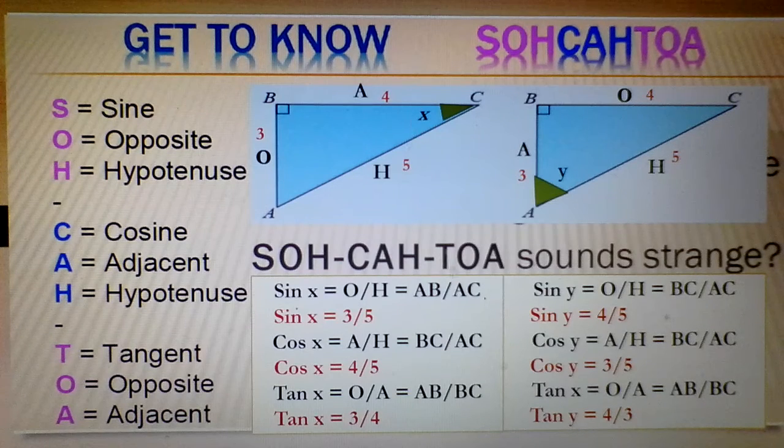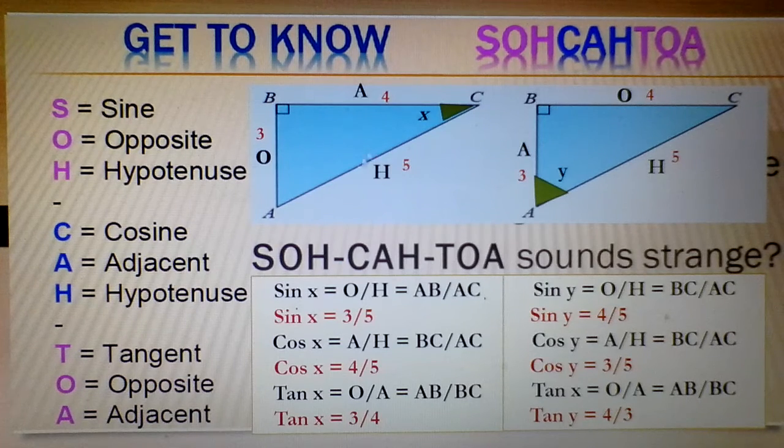If you apply the formula for sine, it means opposite divided by hypotenuse. For cos, C-A-S, cah, it's adjacent divided by hypotenuse. Okay, for tangent is toa, toa means opposite divided by adjacent. It sounds a bit strange, but we can use this to memorize the formula.